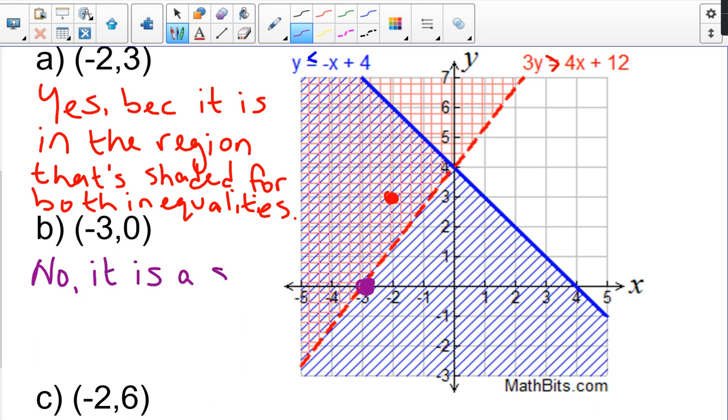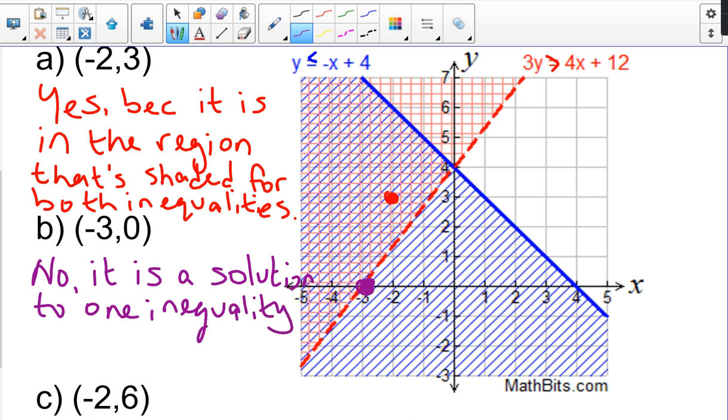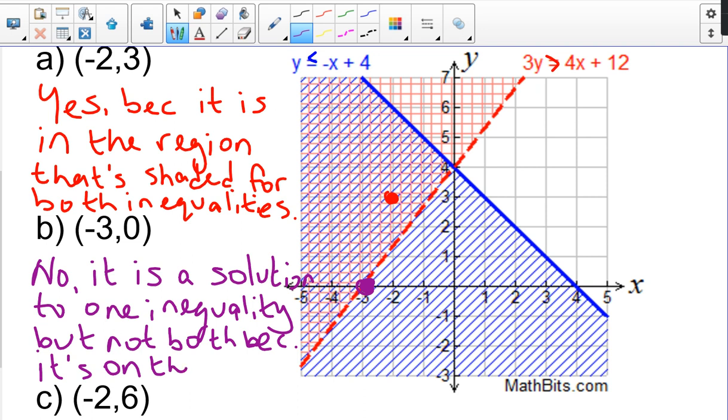It is a solution to one inequality, but not both, because it's on the dashed line.